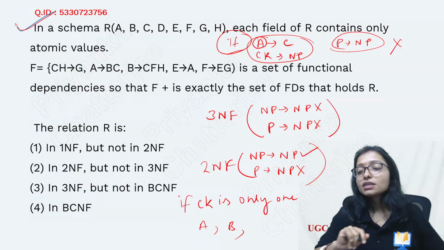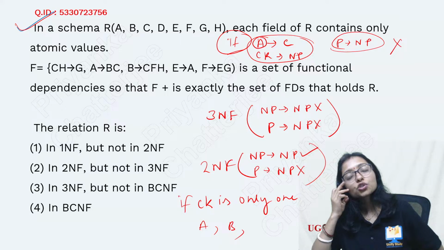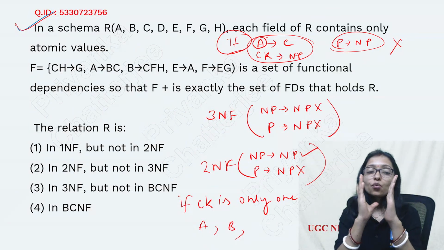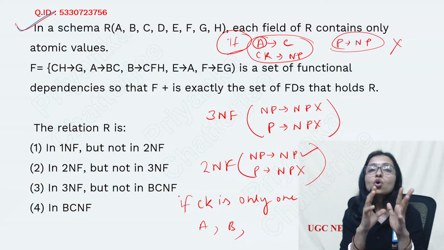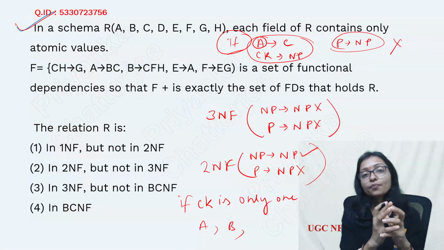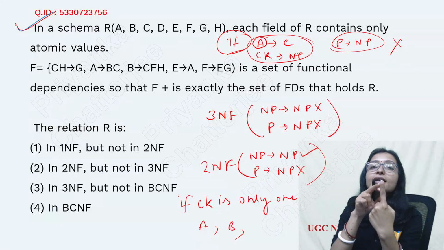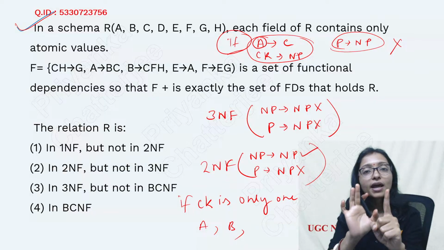Sometimes students make mistakes here also. They think A is also prime. Part of a candidate key means when one candidate key is made of two or more attributes. If it is a single attribute, then it itself is a candidate key, and it is not prime.